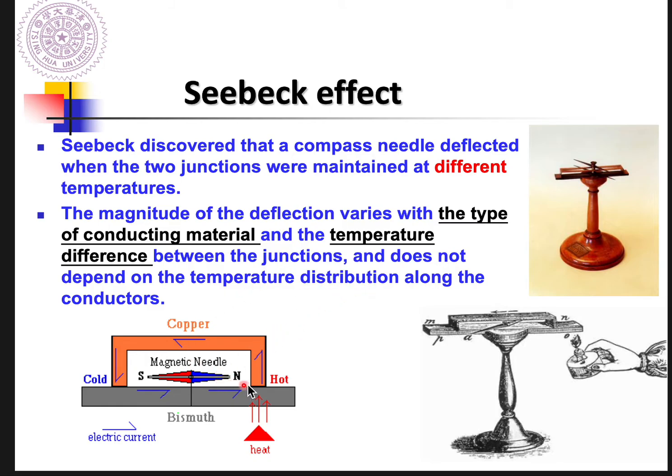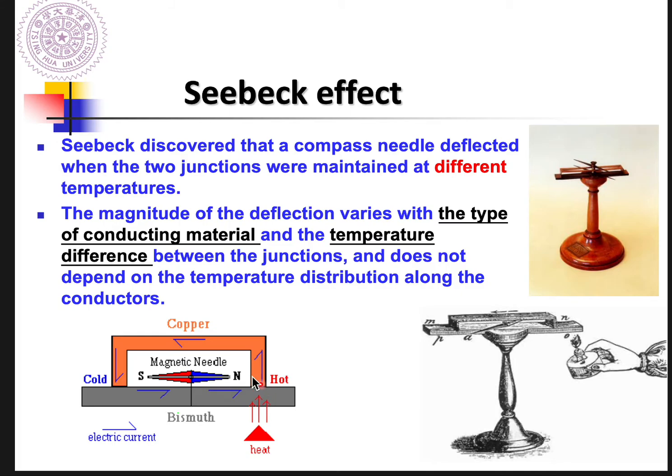In the beginning, probably something caused the magnetic deflection, right? Is that the temperature gradient or temperature difference? But when he did more experiments, he found that the magnitude of this deflection varied with the type of conducting materials you choose, and also the temperature difference between the two junctions.